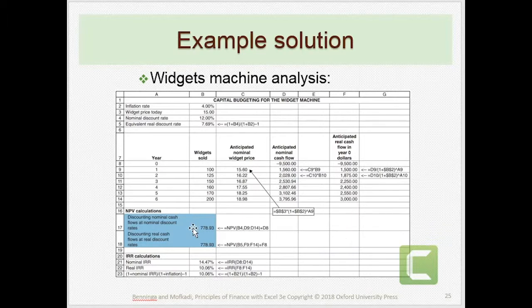In both cases, the nominal cash flow discounted at the nominal discount rate and the real cash flow discounted at the real discount rate are the same number. This is interesting. But the nominal internal rate of return, that's the internal rate of return from column D, is 14%. But the real internal rate of return, which is the internal rate of return from column F, is only 10%.